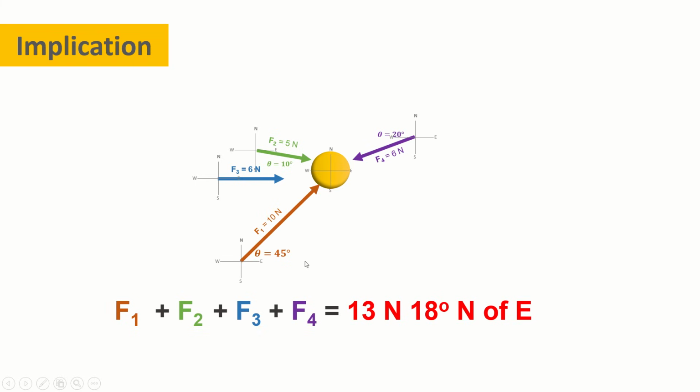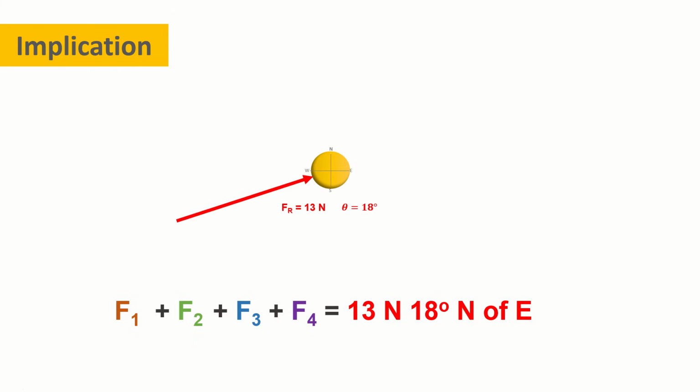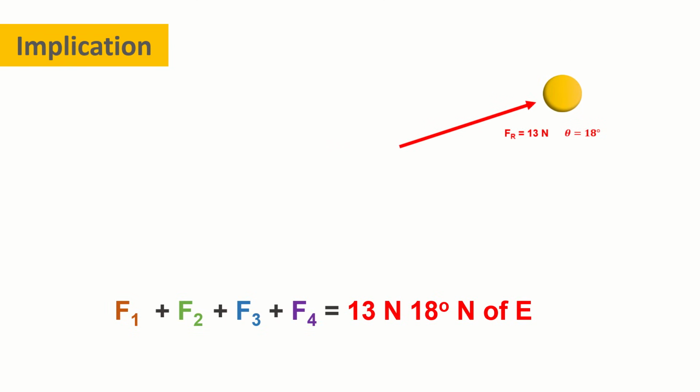So, we expect that this particle will move 18 degrees north of east since our resultant force is towards this direction. That is our resultant force. Since that is our resultant force, it will push our particle to move towards the same direction as our resultant force.